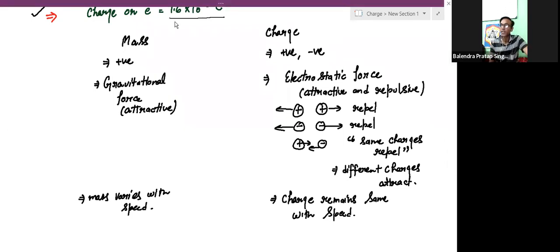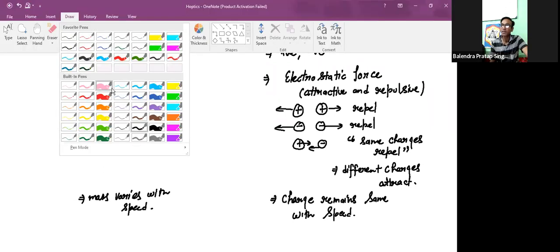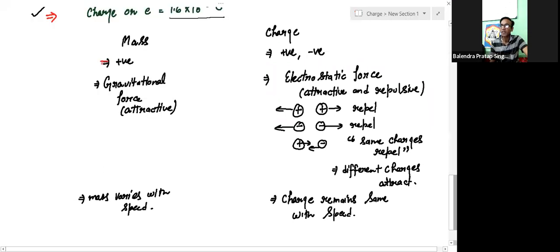The most important points are two, which I am again writing with red color mark. The first difference is that mass has only positive values, and charge exists in both positive and negative. And due to mass, gravitational force exists, and due to charge, electrostatic force exists. Electrostatic forces are attractive and repulsive.